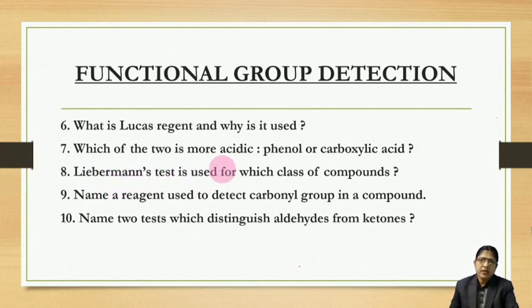So what happens in Liebermann's test? Phenols, when treated with concentrated H2SO4 with 2NaNO2, sodium nitrite, form what? Nitrous acid, 2HNO2, plus sodium sulfate, Na2SO4. Then this nitrous acid, HNO2 means HONO.